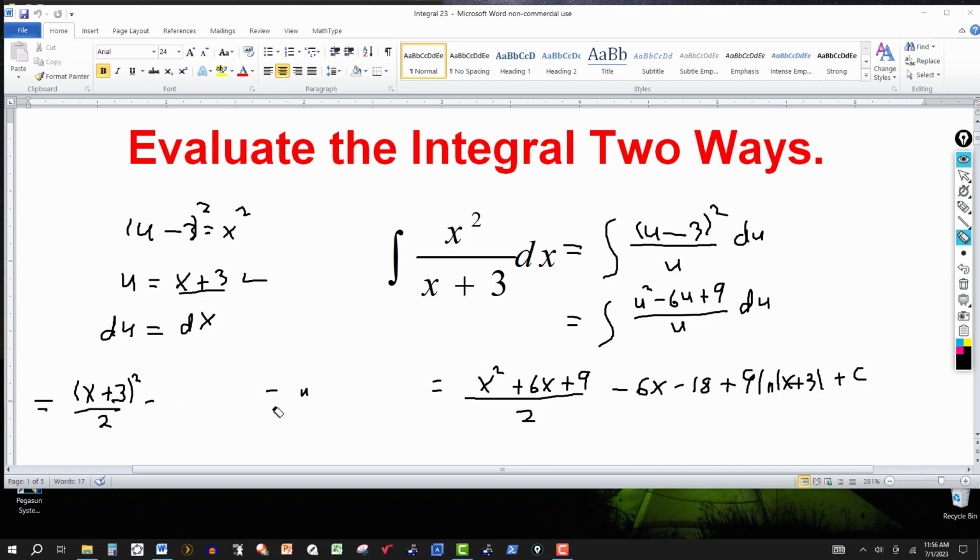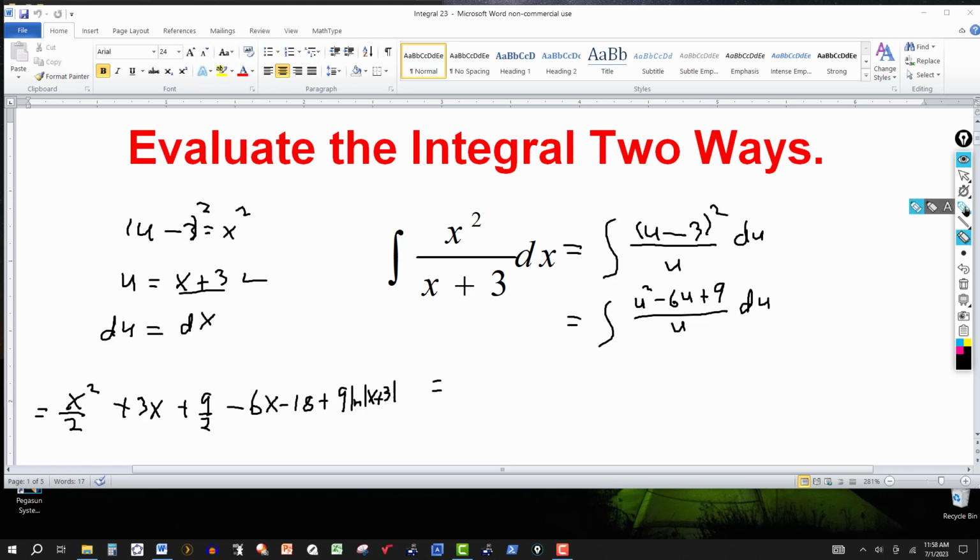Got x squared over 2, and then 6x divided by 2 is 3x plus 9 over 2 minus 6x minus 18 plus 9 natural log of absolute x plus 3.